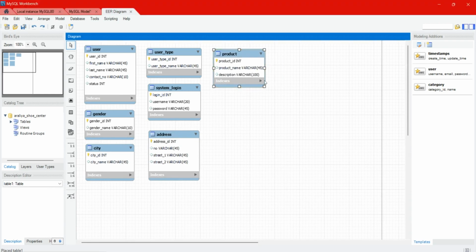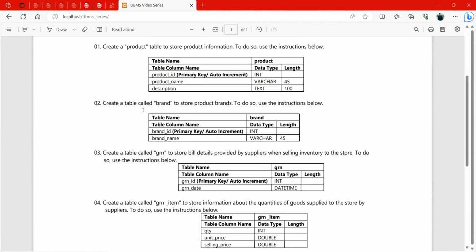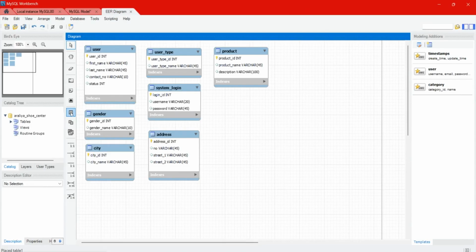You can see here we have created our first table related to question set number 32. So let's create these tables the same way we created the product table.